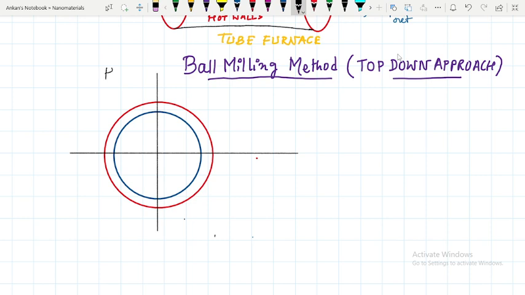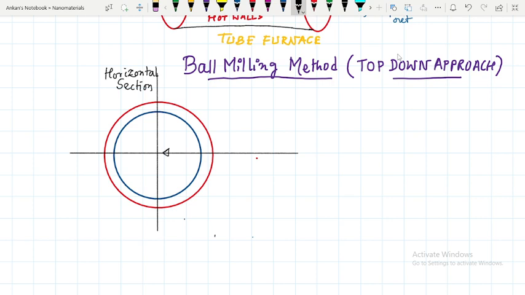So it is a horizontal section of the ball mill. Here, some grinding of bulk materials is happening inside the ball mill, and I have drawn a horizontal section of the ball mill to discuss the basic principle of this approach.